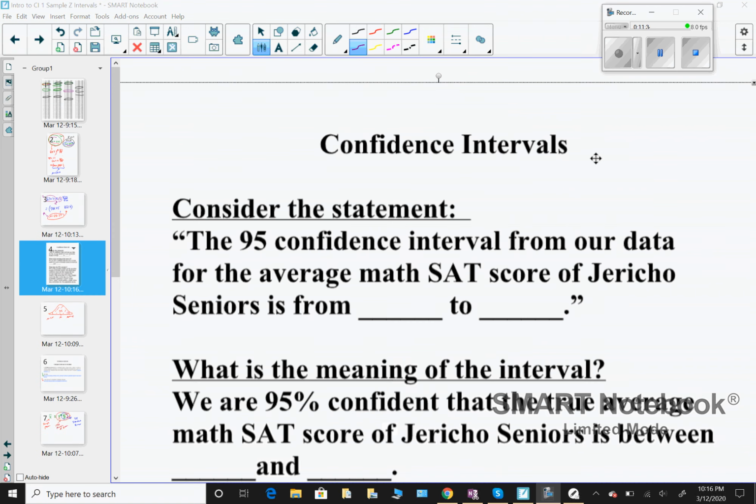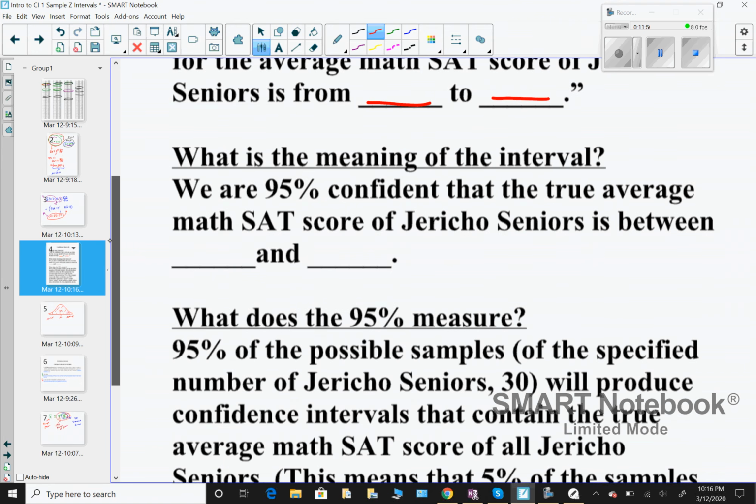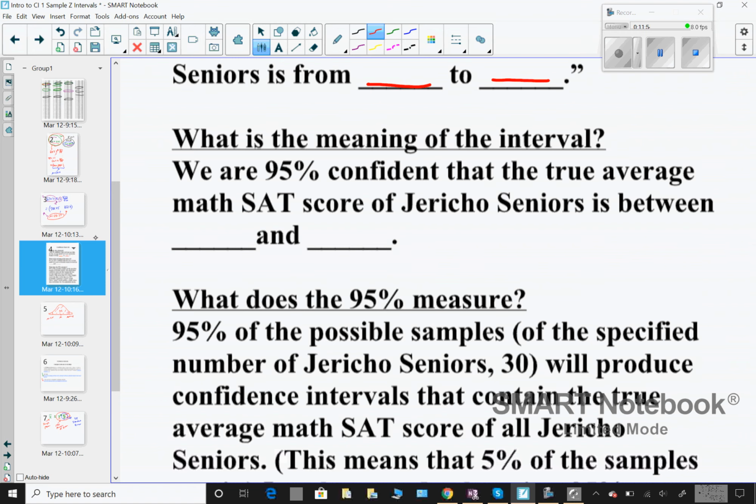So here they are. We can say something like, the 95% confidence interval for our data for the average SAT score of Jericho seniors is from blank to blank. And that's going to vary from sample to sample, as we've talked about. We can also say that we're 95% confident that the true average math SAT score of students at Jericho is between blank and blank.